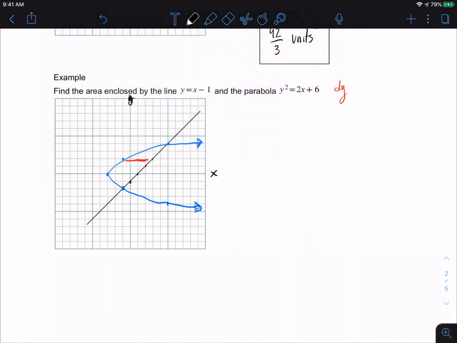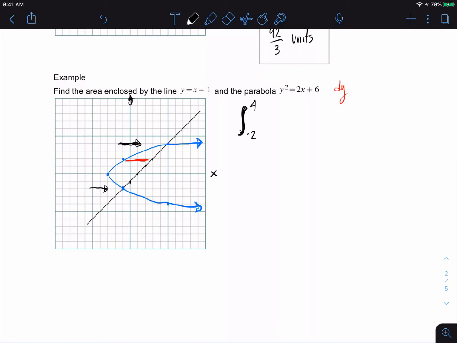So now, when we go to decide the bounds for our integral, our lower bound is going to be this number in y, and that is a -2, right? And then up here, that's going to be 4 in terms of y.